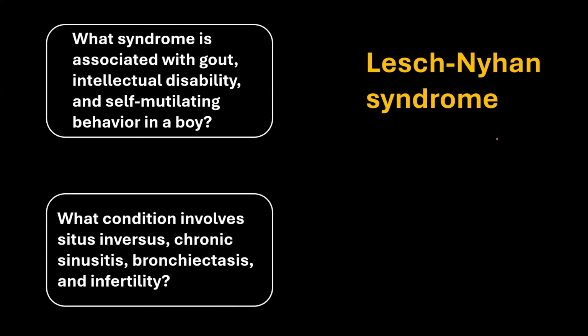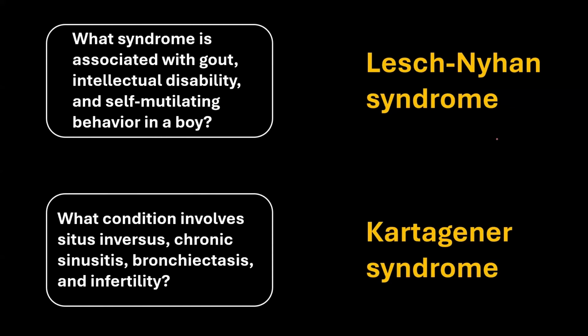Good. All right. Now, what condition involves situs inversus or dextrocardia, chronic sinusitis, bronchiectasis, and infertility? Yep, Kartagener. And what is the deficiency in Kartagener syndrome? Yeah, it's a dynein arm defect. Very good.